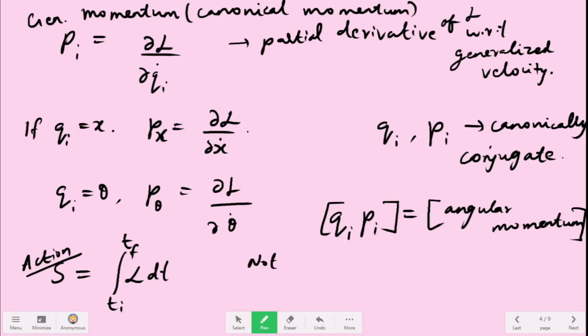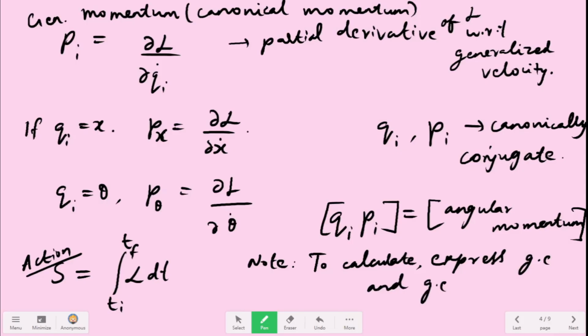One thing to note here is that in order to calculate S, we have to express generalized coordinates and generalized velocities in terms of time, because we are integrating with respect to time.